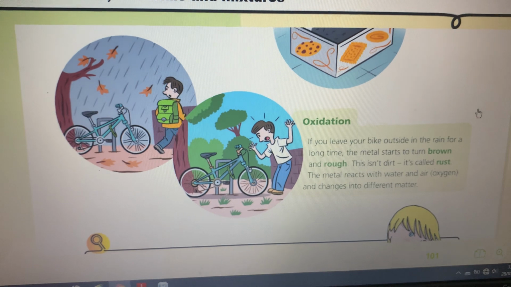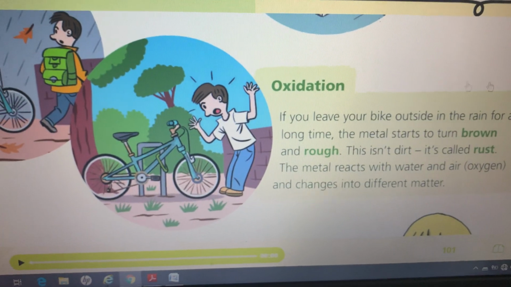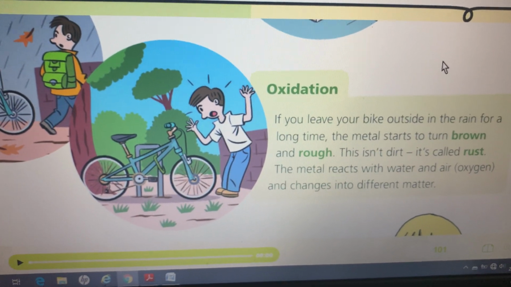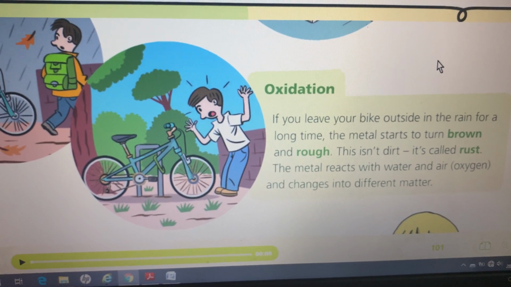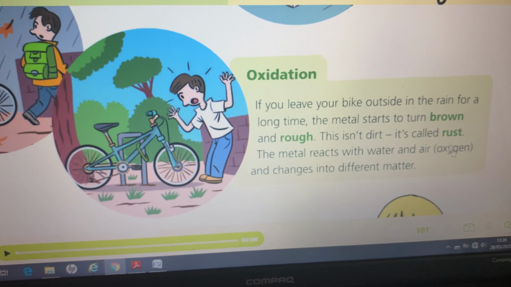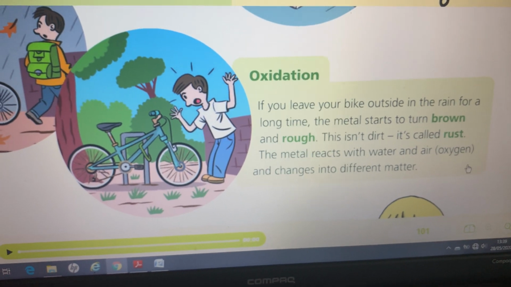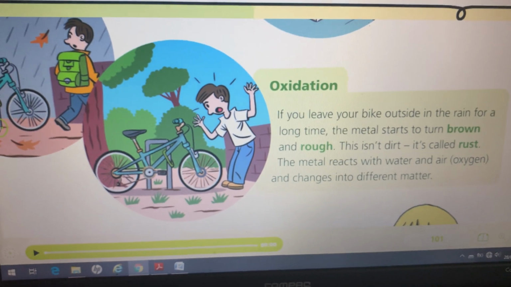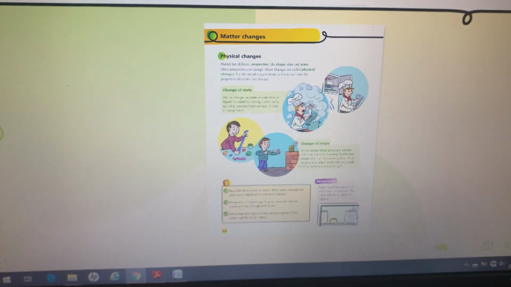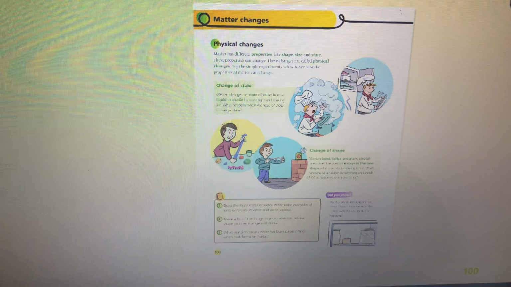So it becomes a different matter. This is oxidation, in this case, that happens with metal and is produced mainly because of water, and also air, oxygen mainly too.